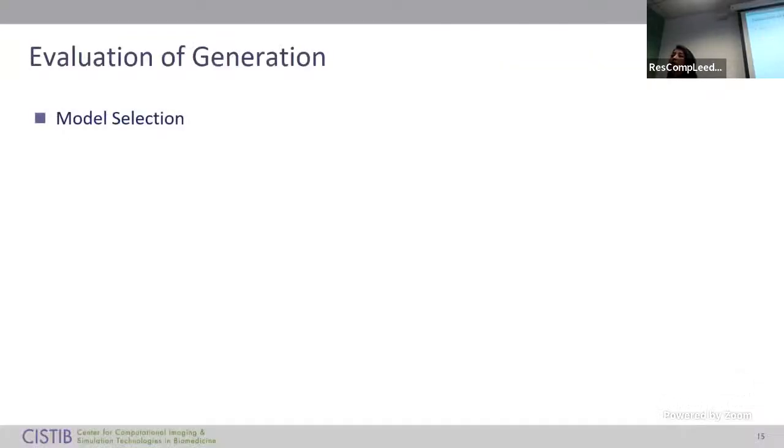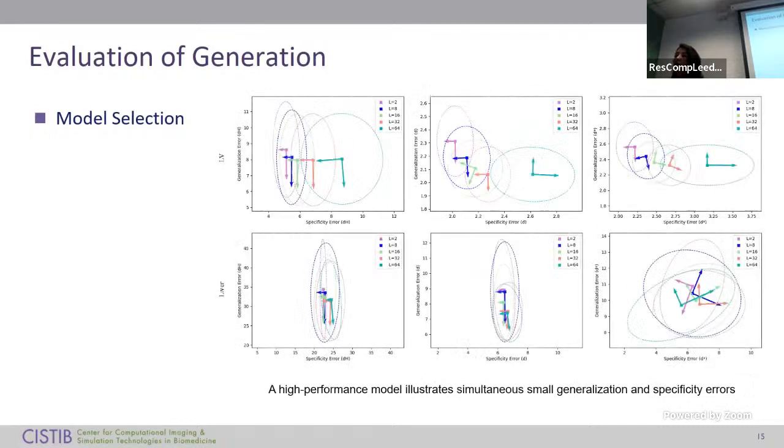And in terms of generalization, first of all, we selected the best model. A high-performance model is one whose marker is closer to the corner, because we have less generalization error and less specificity error at the same time. The best model is latent dimension 16.